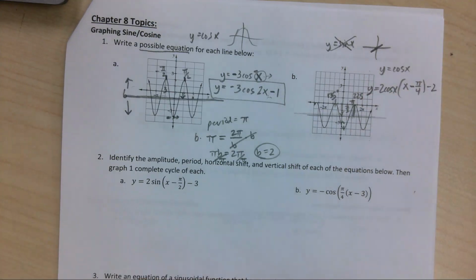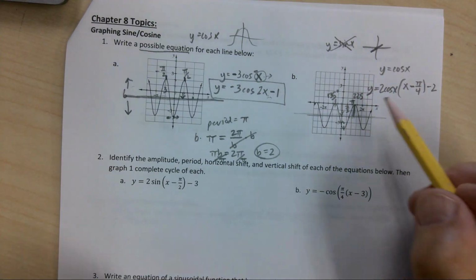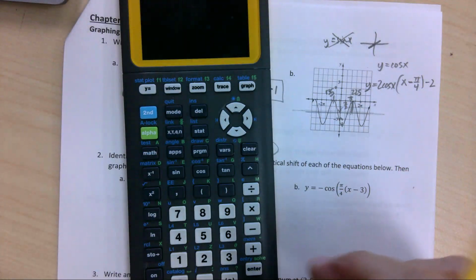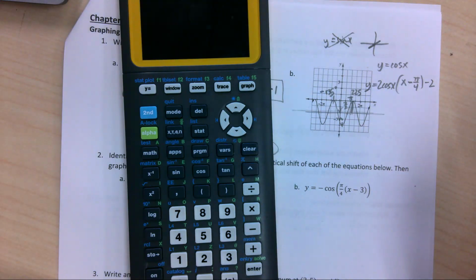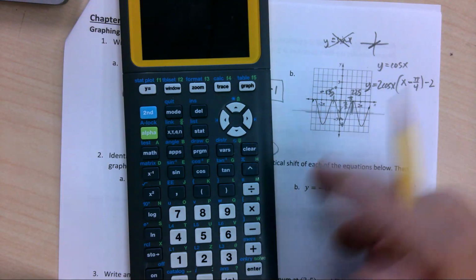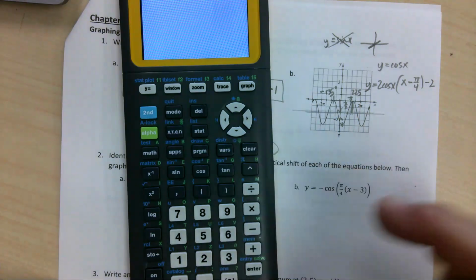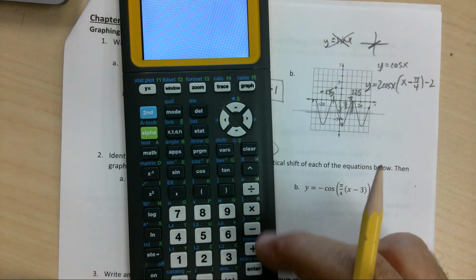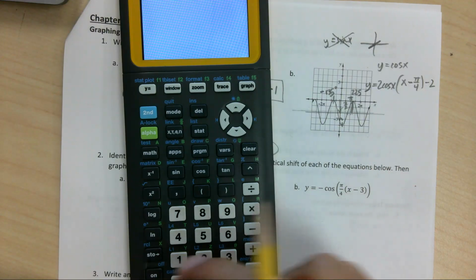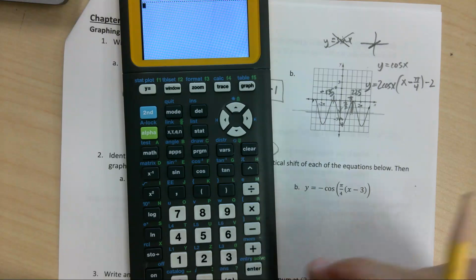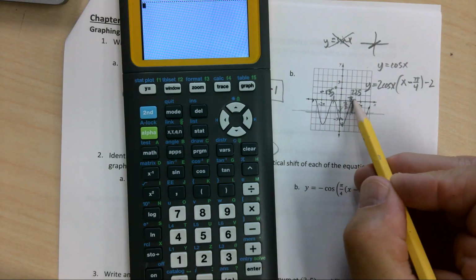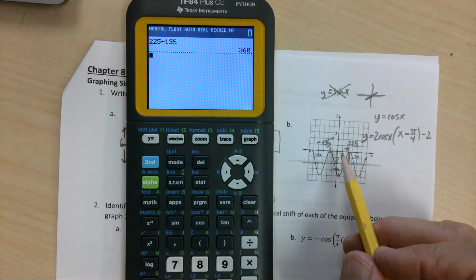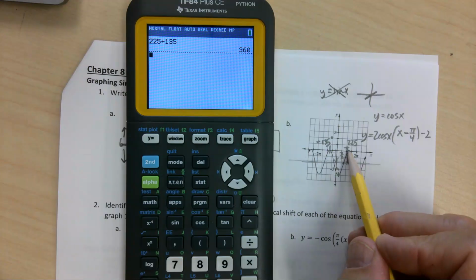Let me pause a second. Well, let's figure that out. 225 minus 1, that's a negative, by the way. So here we go. Clear. 225 plus 135. So 360 is my entire period right there.